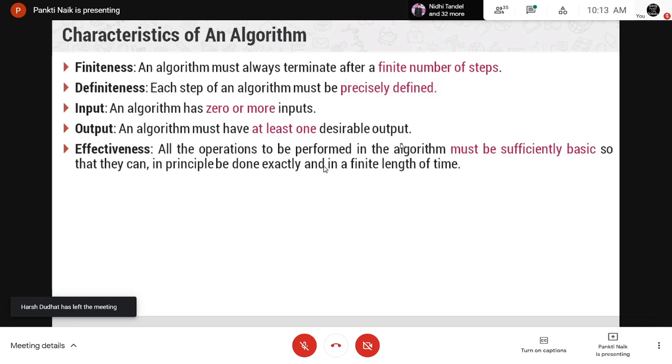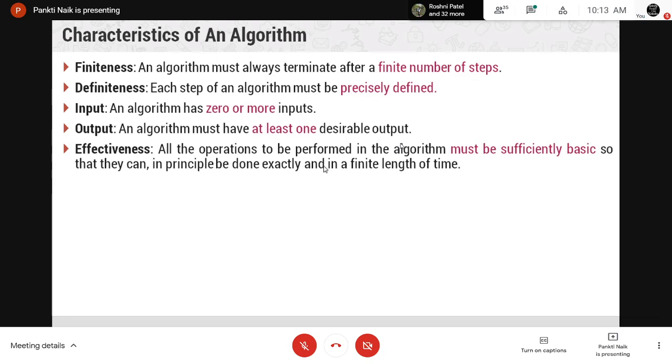Now, in addition to these characteristics, let us understand the different properties of an algorithm. Simply writing a sequence of instructions as an algorithm is not sufficient to accomplish a certain task. We have to follow certain properties which are associated with the algorithm.